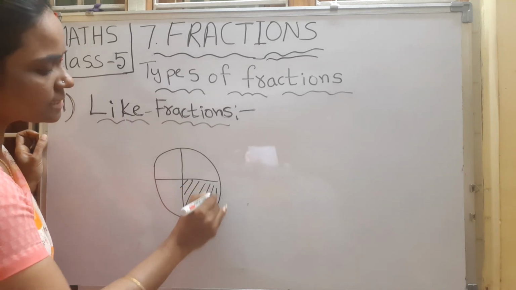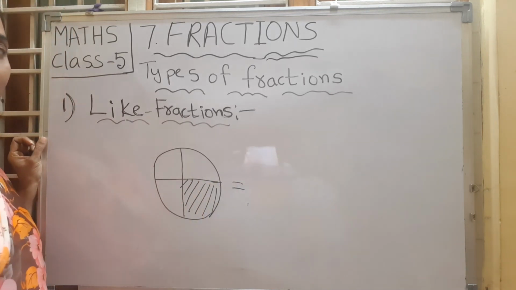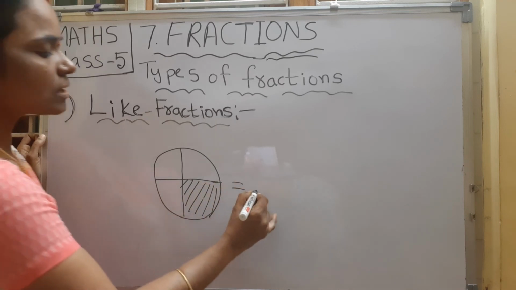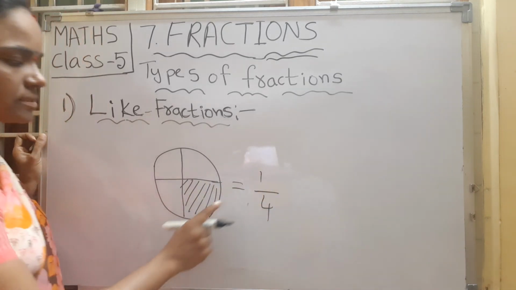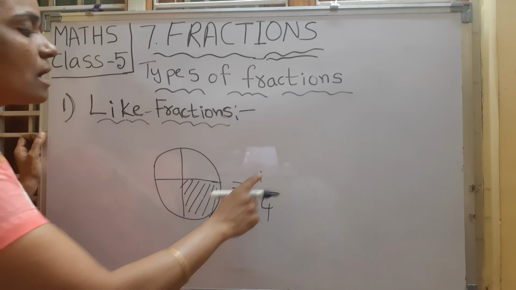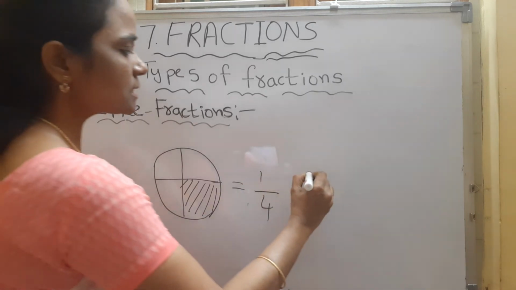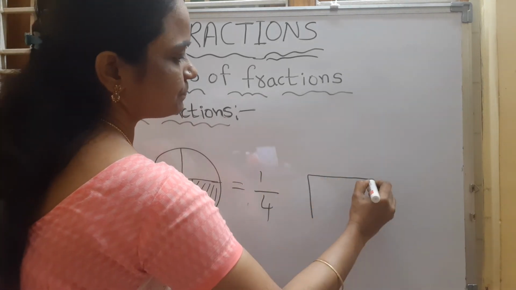So what is the fraction for the given shape, children? Total there are 4 parts. Out of 4, only 1 part is colored. So what is the fraction for the given shape? 1 by 4. Take another picture.